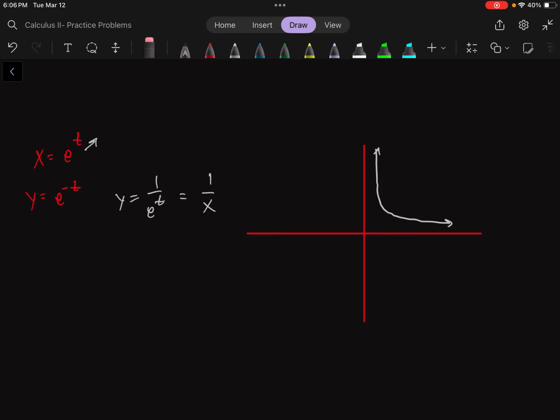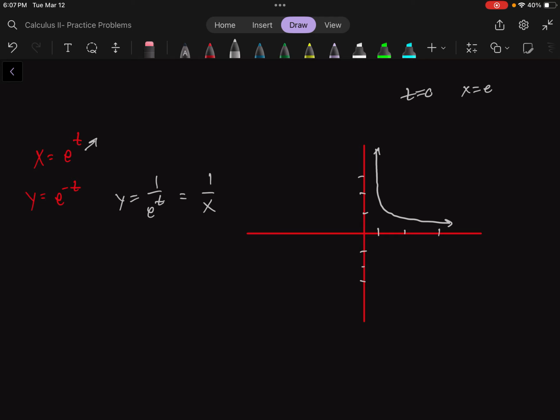Let's see, at t equals 0, x equals e. So we should probably draw a scale. Maybe it's 1, 2, 3, 1, 2, 3, 1, 2, 3. At t equals 0, x equals e, and y equals 1 over e. But we really only need one of them because we've already drawn the graph.